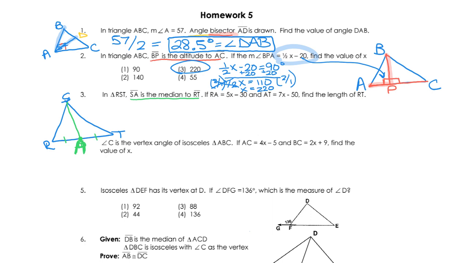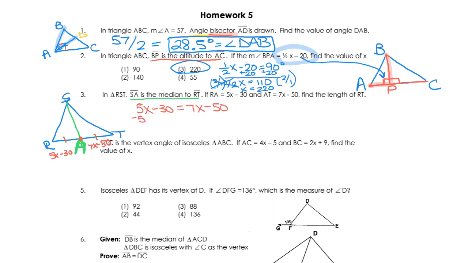Because now they're going to tell me that RA is 5x minus 30, and that AT is 7x minus 50. They want you to find the length of RT. But because I know that a median goes to a midpoint, and a midpoint has 2 equal segments on the sides of it, I know that 5x minus 30 is going to have the same length as 7x minus 50.